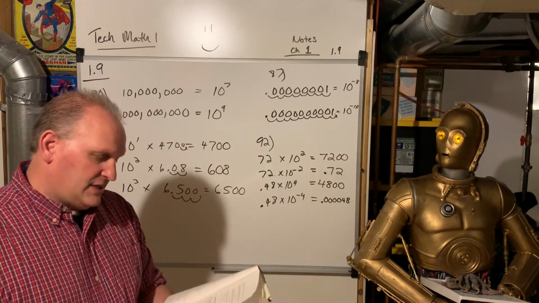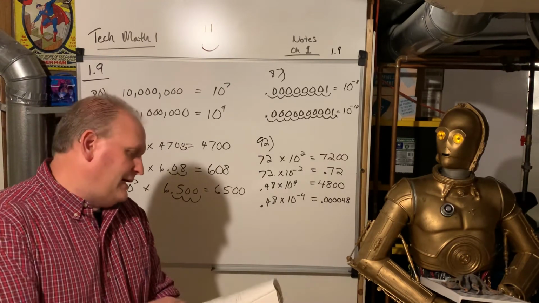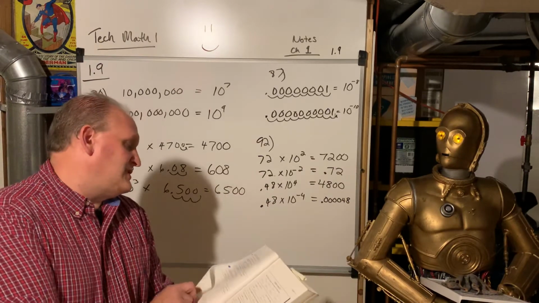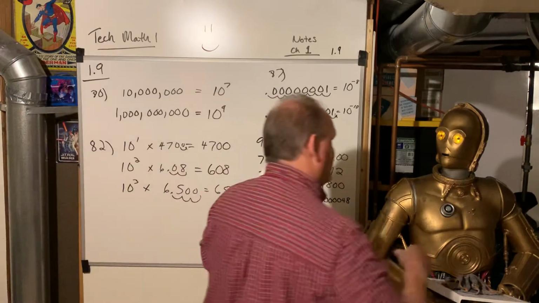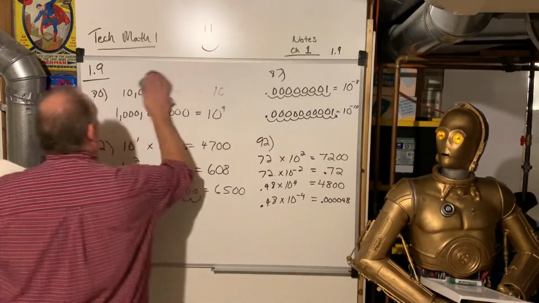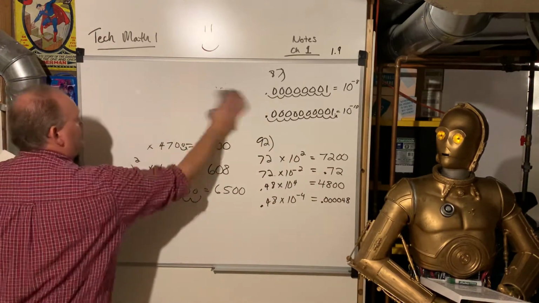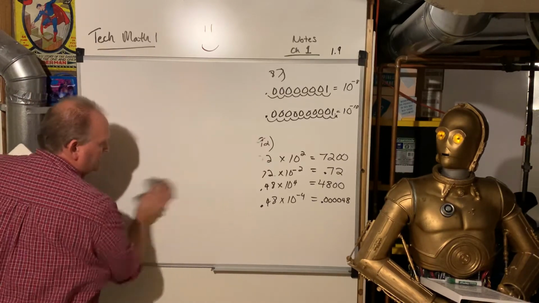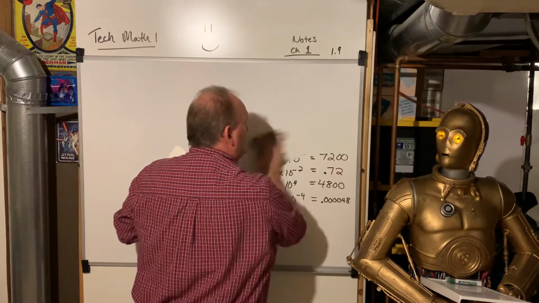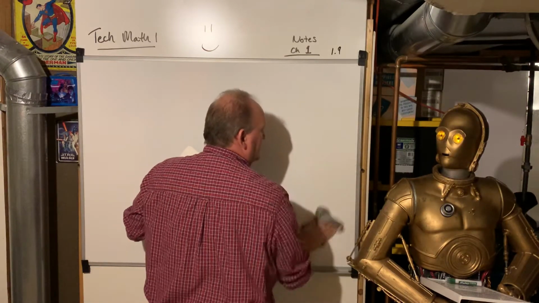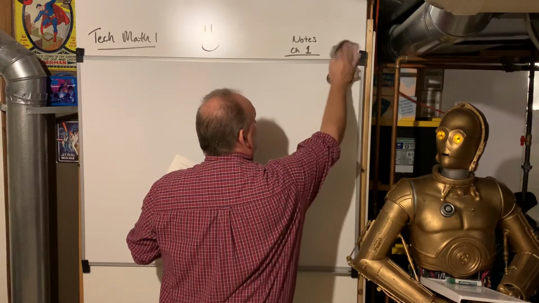Okay, let's look at scientific notation. Again, I'm sure this isn't your first rodeo; this probably isn't the first time you've ever seen or heard of scientific notation, but we'll go over a few problems just to refresh your memories. Scientific notation is used when we are using very, very large numbers or very, very small numbers.